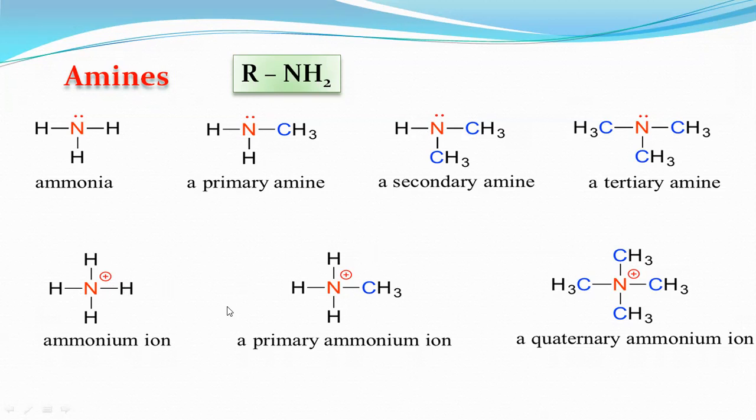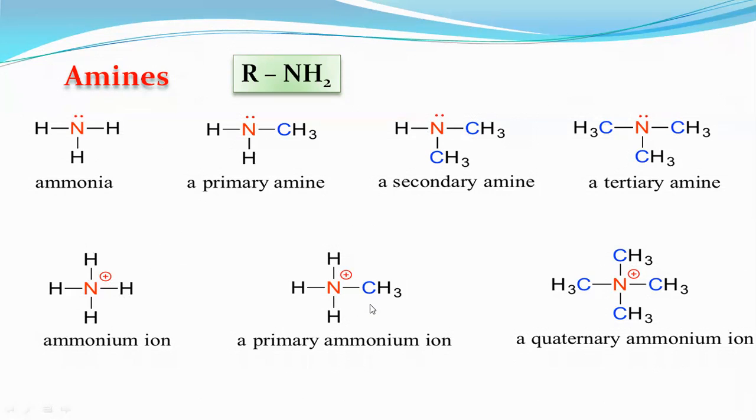And see here the ammonium ion, which is NH4 plus. When the nitrogen is bonded with 4 hydrogens, nitrogen gets a positive charge. Therefore, it is called an ammonium ion. From the ammonium ion, if one hydrogen is replaced, it is called a primary ammonium ion.